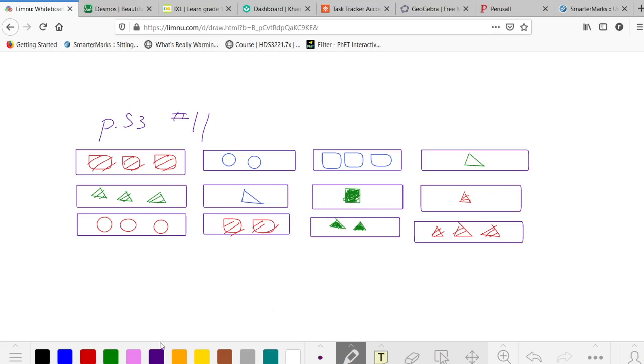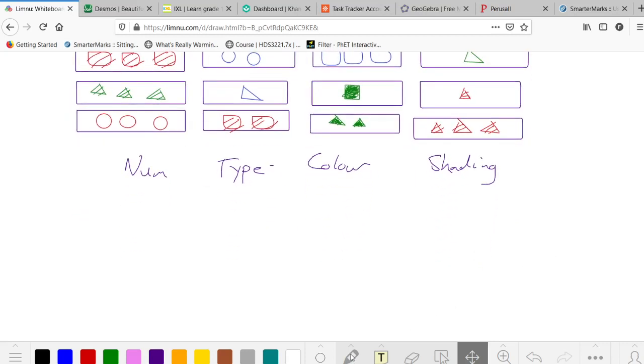So really our criteria are the number of shapes, the type of shape, the color involved, and the shading. Our options for the number are either 1, 2, or 3.